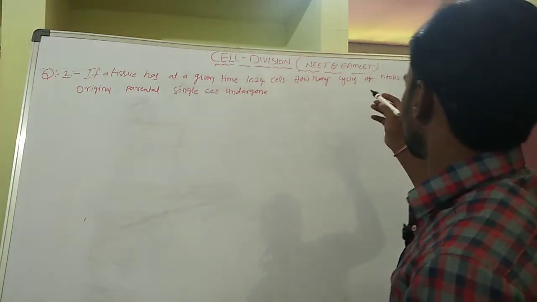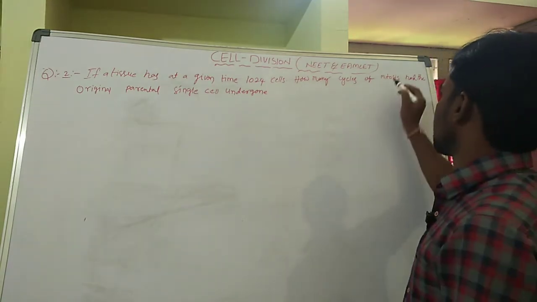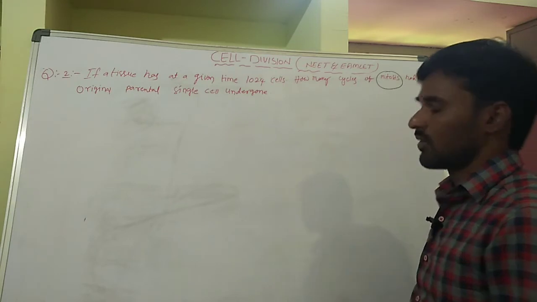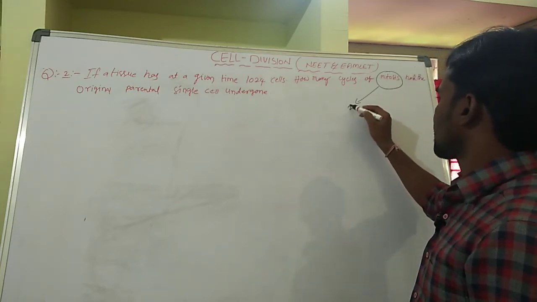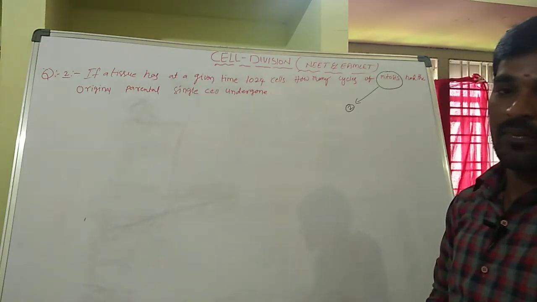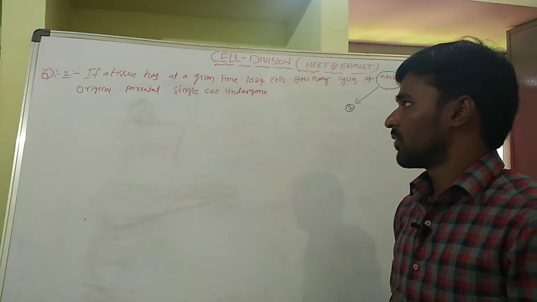First point is which division it is, mitosis or meiosis. This is mitosis. In mitosis, every time 2 daughter cells will be developed. In every division, 2 daughter cells will be developed.